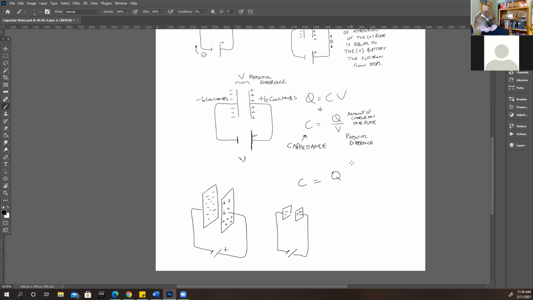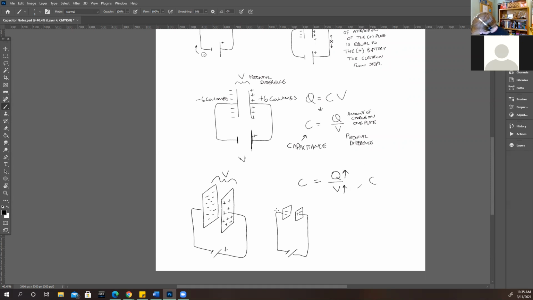Well, Q over V. For this one over here, it stores a lot of charge, so that Q on top should be very large. Does that mean that the capacitance also increases? Not necessarily, because since there's a lot of charge, there's going to be a big potential difference between the two. Remember, it's the strength of the charge and how close it is to one another. So this V on the bottom of this fraction is also very large.